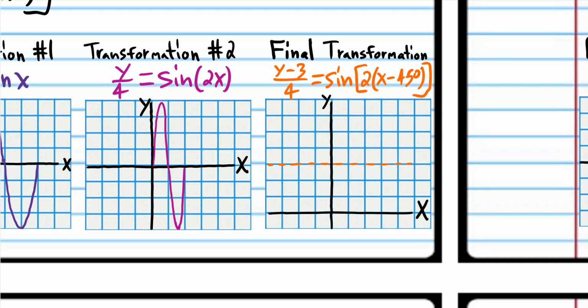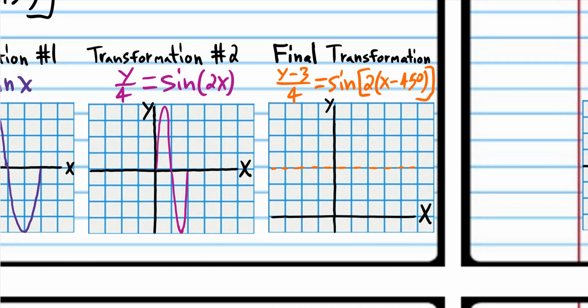So we moved up 3 units, and we're going to move to the right. Normally we start here, but we're going to start 45 units to the right. So we're going to go up 45 degrees, and then down 90 degrees, and then all the way down to 135, and then all the way back up to the midline.